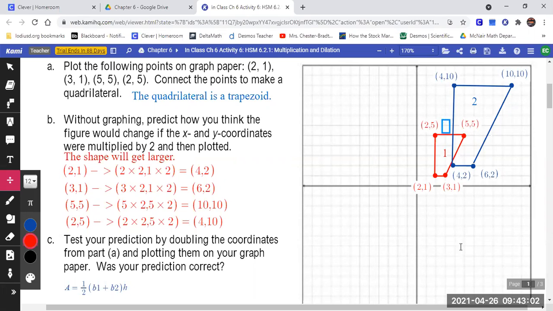Count the top blue line. So this one was 3. Top blue line is 6. Okay. And that makes sense because we did each X and each Y by 2. So if the first one is 3, then the second one makes sense to be 6, right?